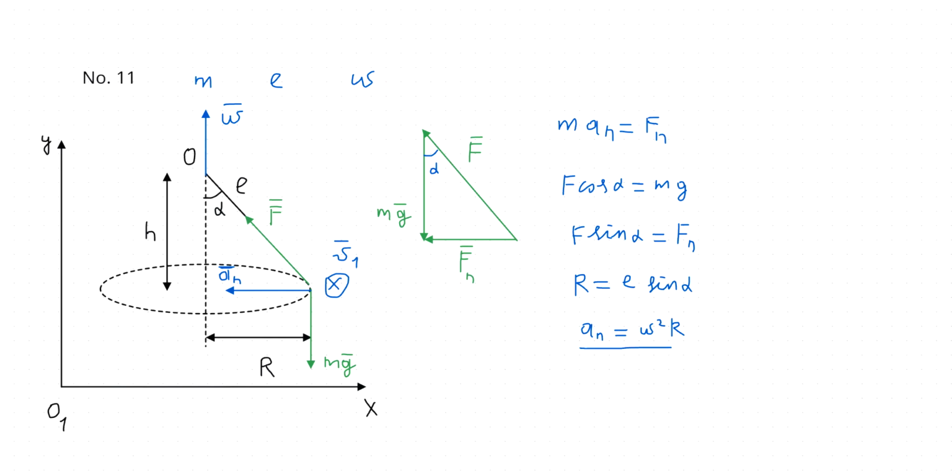Okay. And so we have 5 equations, 1, 2, 3, 4, 5, and 5 variables.